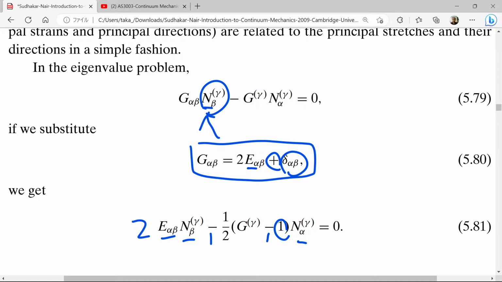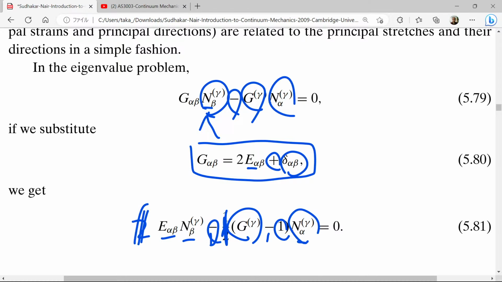Then you have alpha. You don't have 1 over 2. Then you have minus. Minus is here. Then there is a G, G gamma, G gamma, the N alpha. So in the end, we just divide everything by 2. So you will have 1 half.